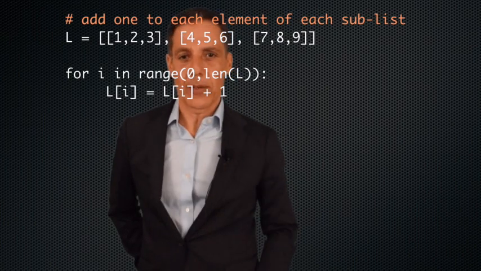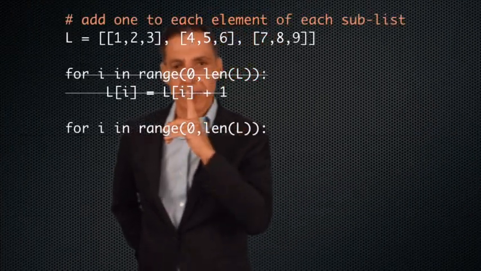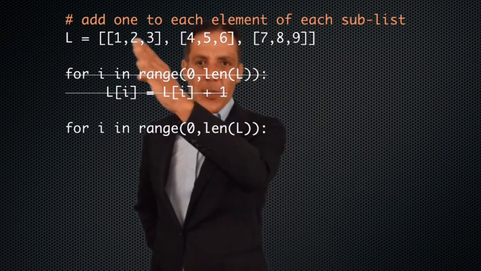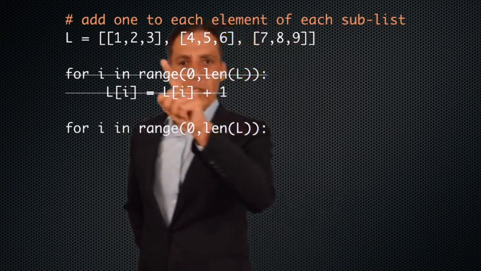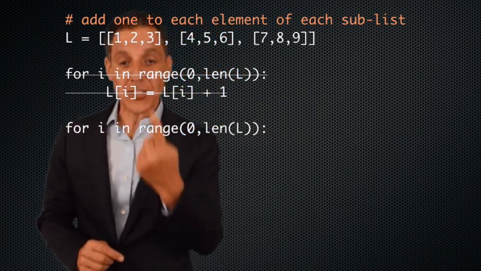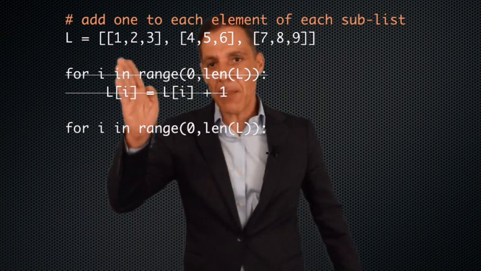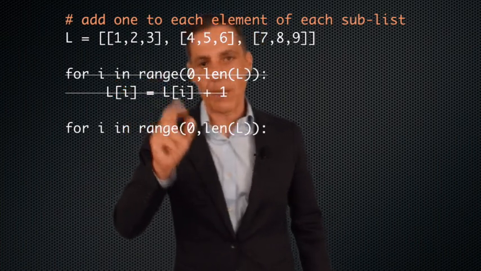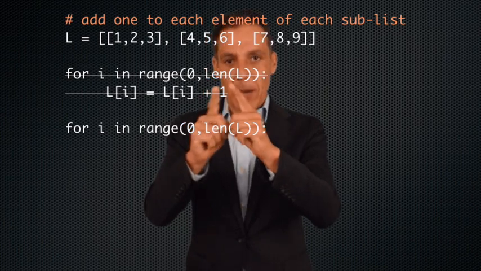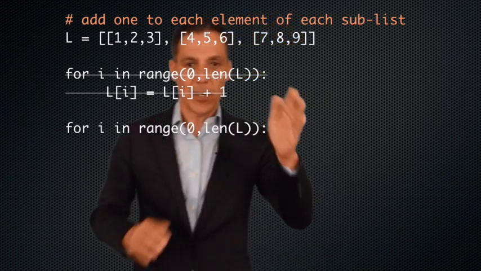So that's not quite right. Let's scratch that. So what do I want to do? I still want to go through each element of the list, but once I'm here, I've got to tap into each element of the sublist. So I've got to tap in and grab the 1, grab the 2, grab the 3, and then on the next iteration, grab the 4, grab the 5, and grab the 6, and so on and so forth.